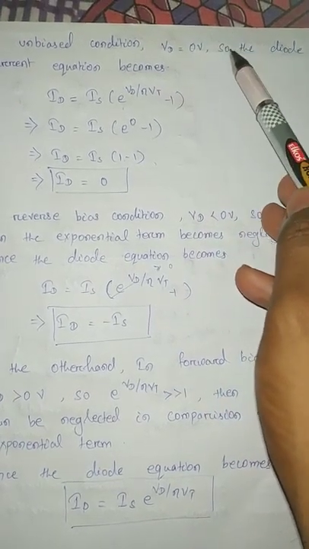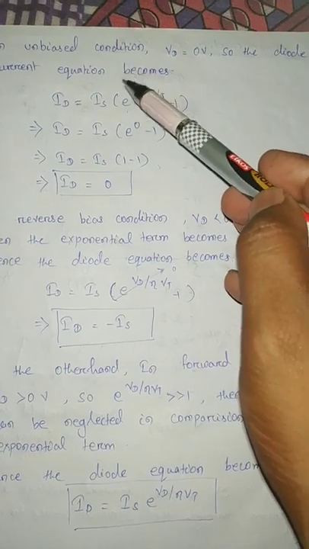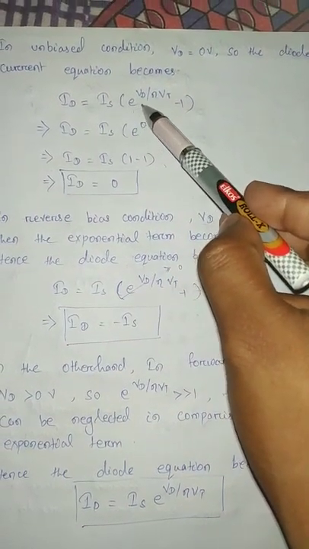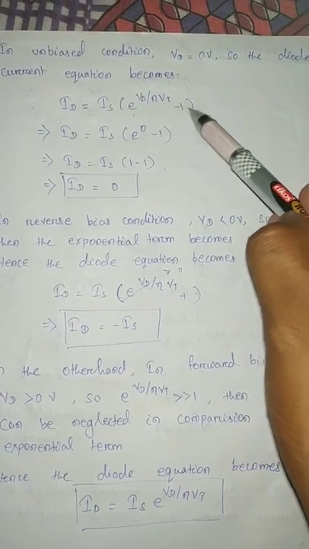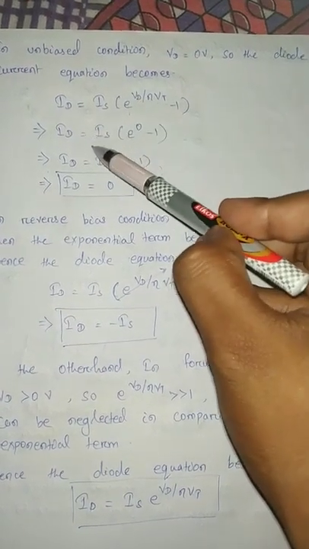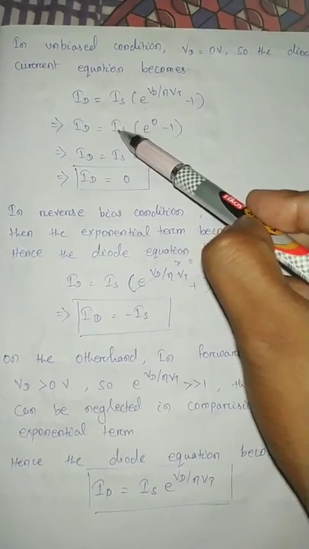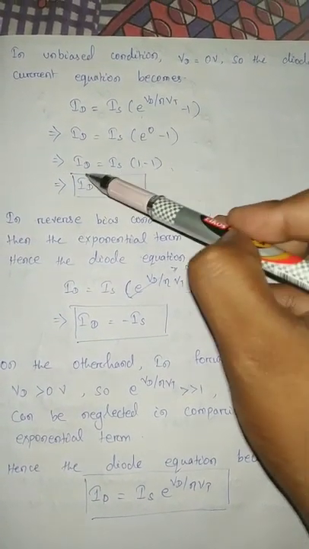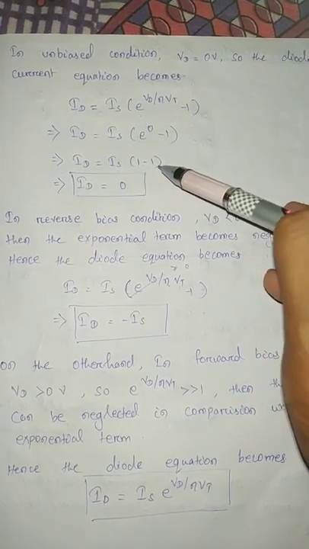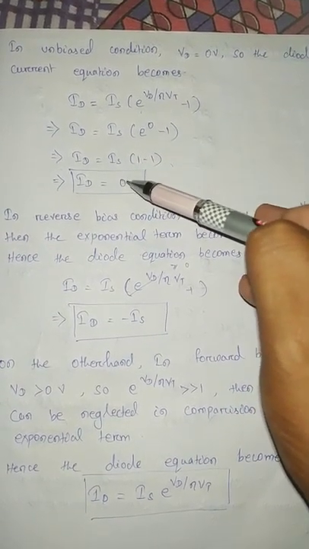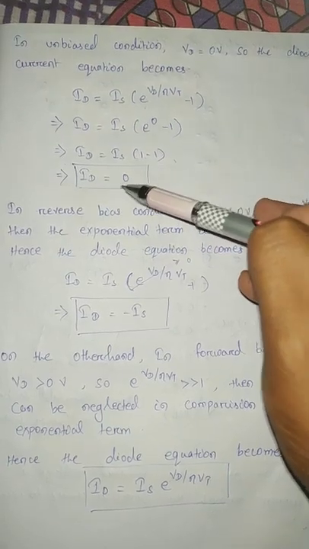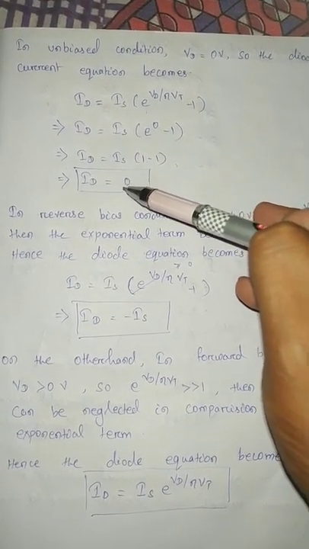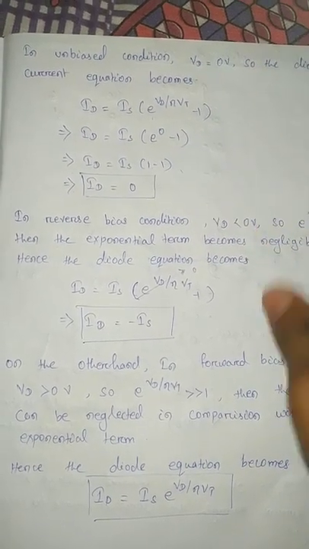If we put Vd equal to 0 in the equation, the exponent becomes 0. So Id equal to Is into e to the power 0 minus 1, and e to the power 0 is 1. So Id equal to Is into 1 minus 1, that is 0. As you know, under unbiased condition the diode current is 0. So this equation satisfies that condition.